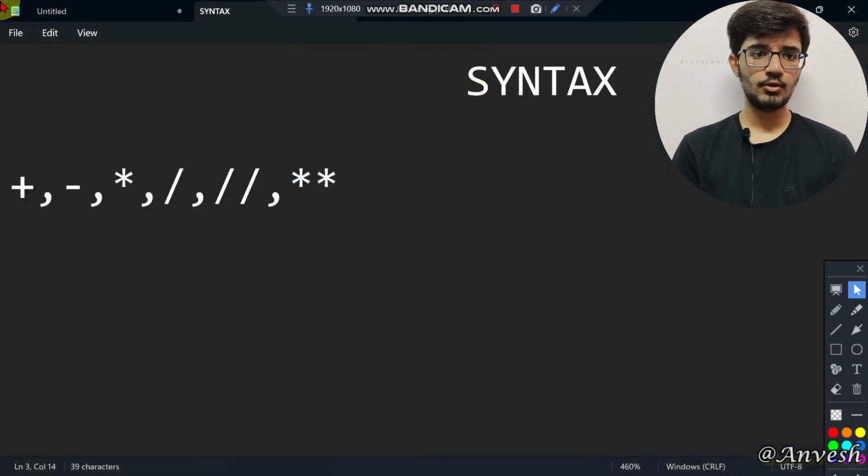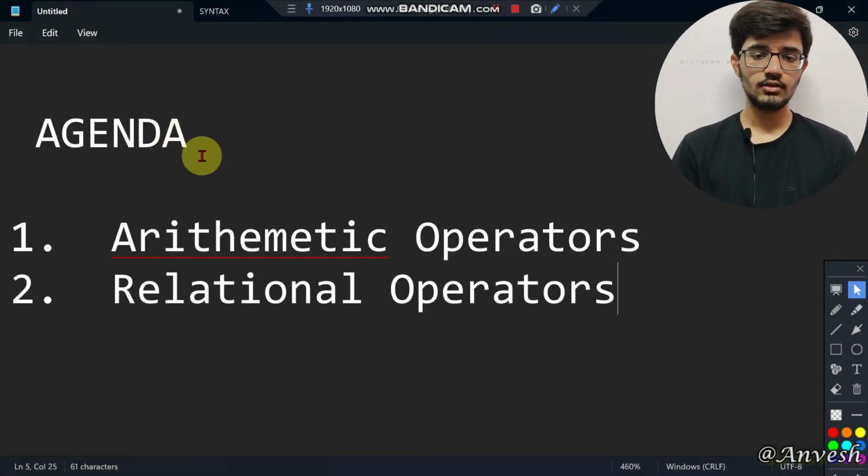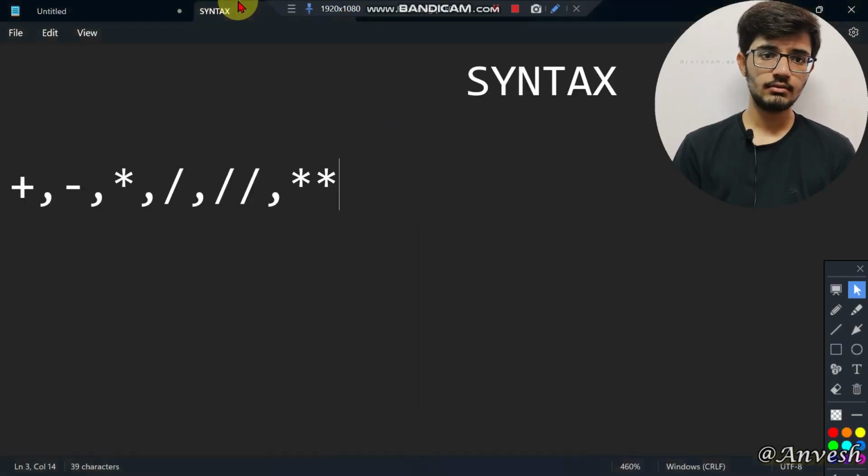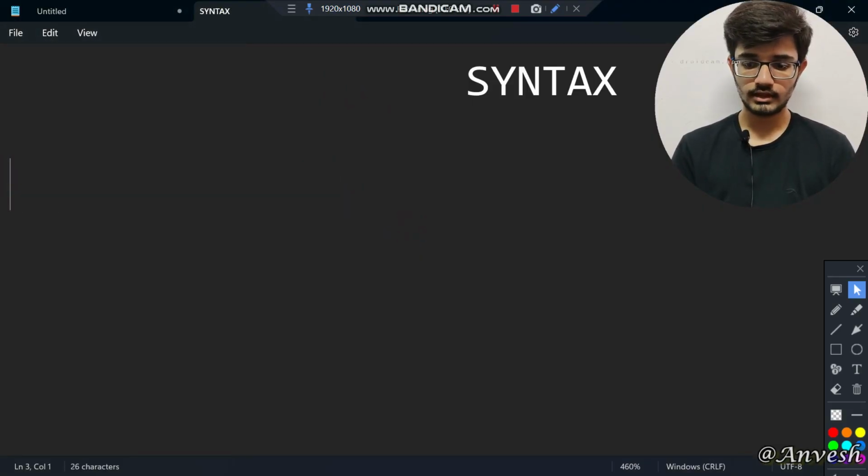Now let us see about the relational operators. What is meant by relational operators? Relational operators are used to compare the values and give the output as a Boolean value. So what are the different types of relational operators we have? Let's see one by one.